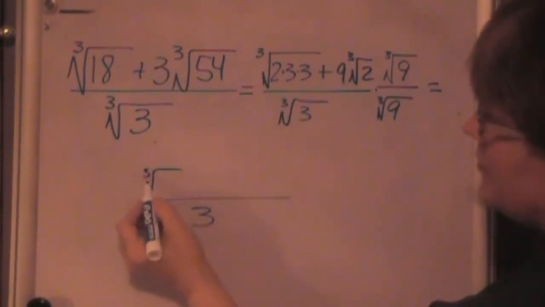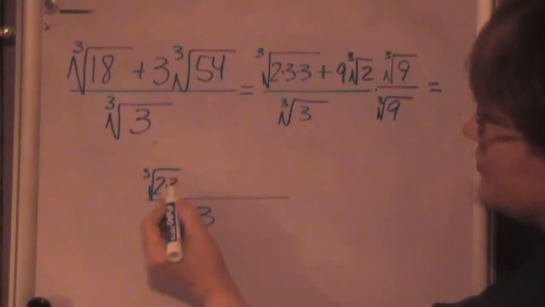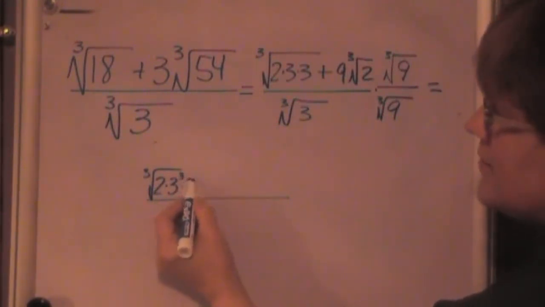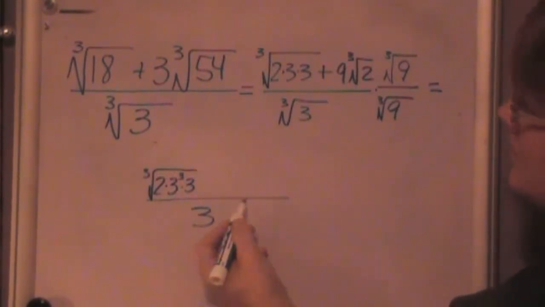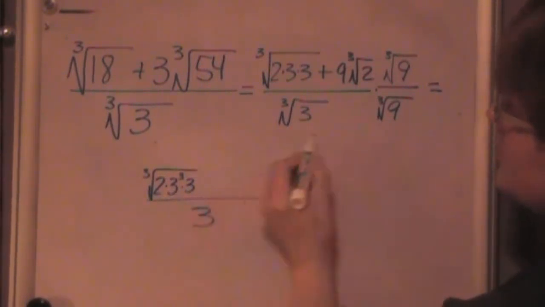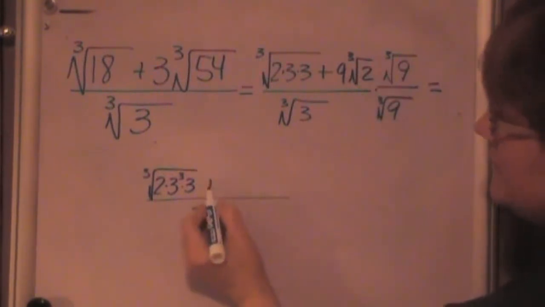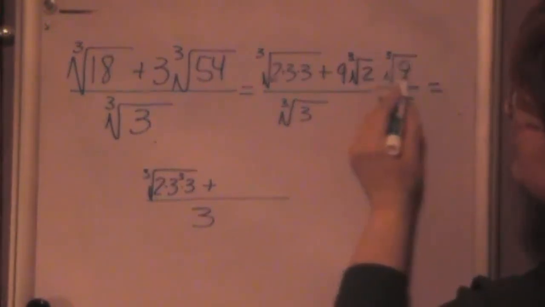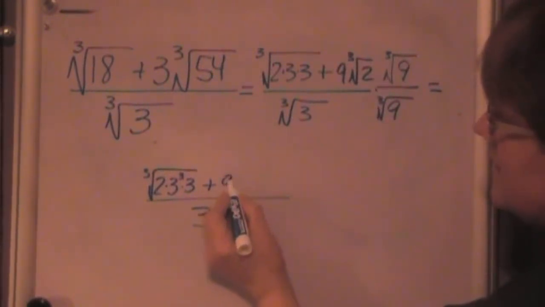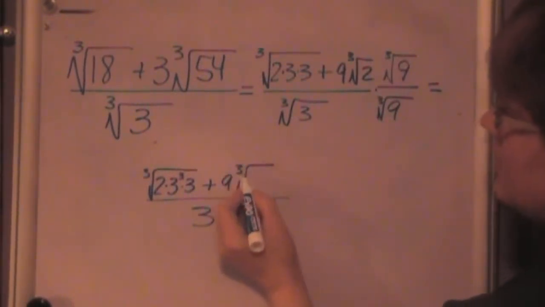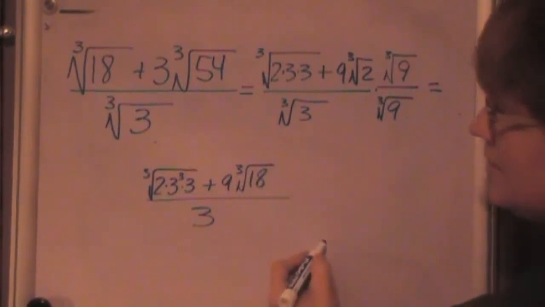So I have the cubed root of 2 times 3 to the 3rd times 3. That's 3 to the 4th times 2. I know I'm breaking this up into so many steps. I hope this isn't confusing you, but now I'm going to have 2 times 9 is 18, so I just have 9 times the cubed root of 18.